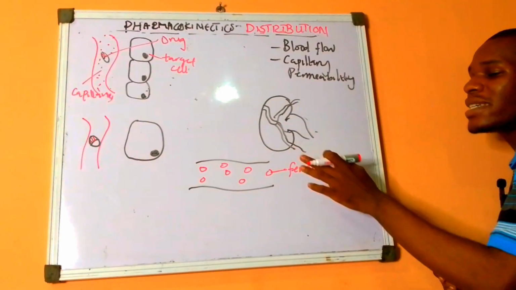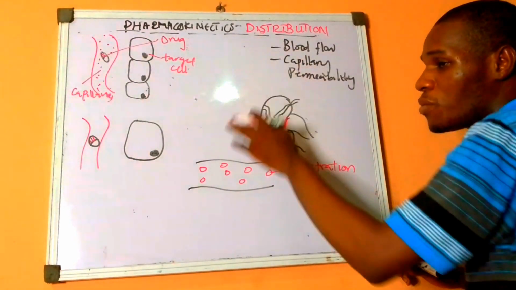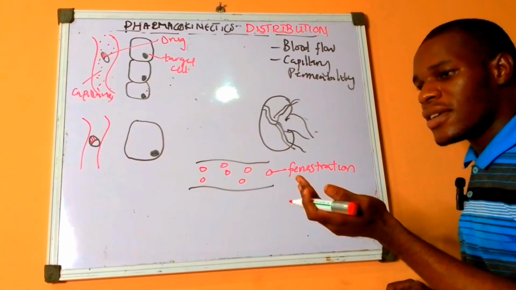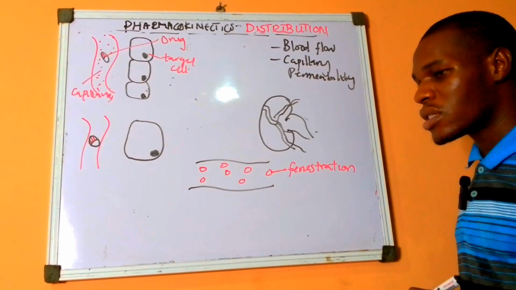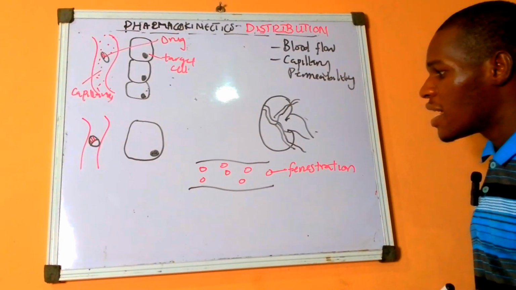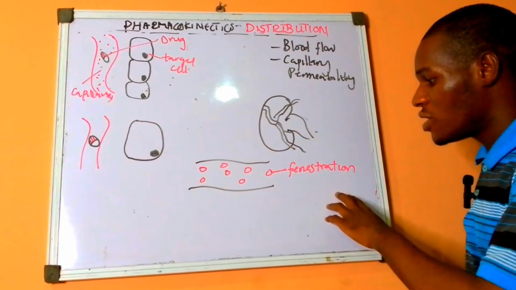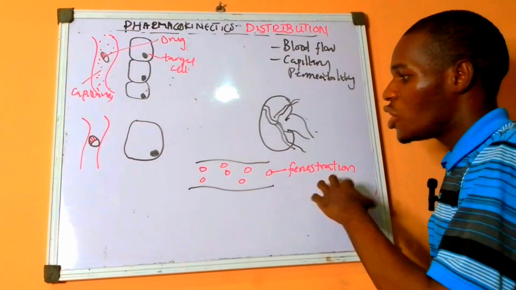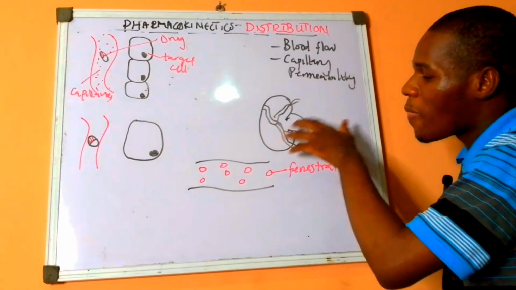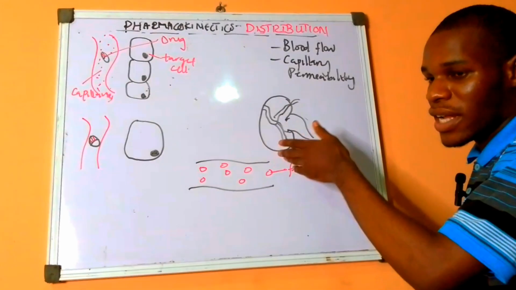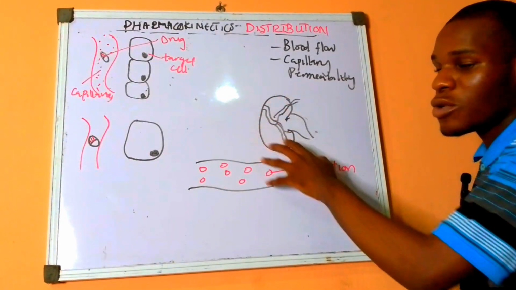So capillary permeability can also affect drug distribution in the body. Target organs like the liver and the kidney are highly fenestrated. They have capillaries that are deep into the tissues and cells of these organs.